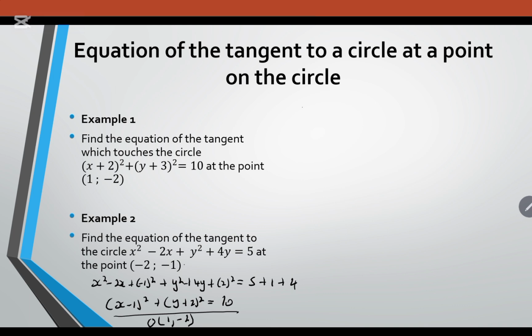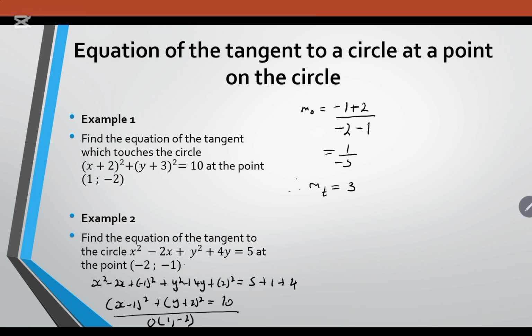The gradient of the radius is equal to change in y over change in x, which is -1 minus -2, that will be plus 2, divided by -2 minus 1. So this is 2 over -3. That is the gradient of the radius. Therefore, the gradient of the tangent is equal to 3.